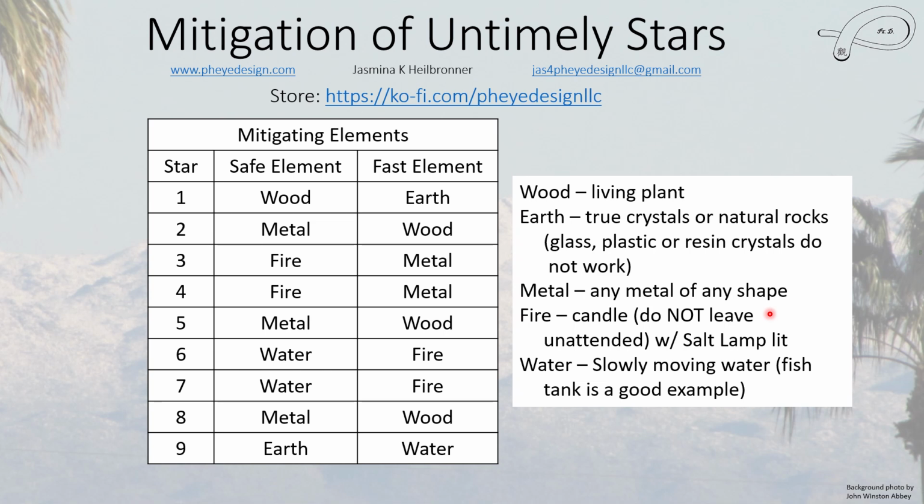A minute is nice, a couple minutes, if you can spare a couple minutes, it's good. And then you blow out the candle and you leave the salt lamp lit. Usually, if you're trying to mitigate a single element, you're going to light a candle once a week for at least 30 seconds, but you leave the salt lamp lit.